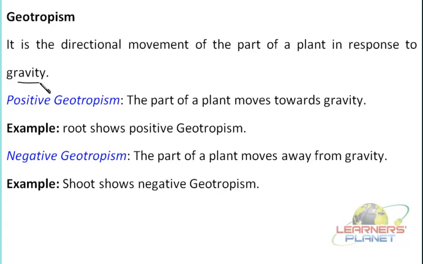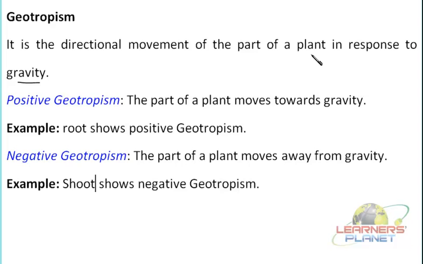Now how is it affecting the growth of the plant, or how is it serving as a source of stimulus for the plant? So basically let us first define geotropism. Geotropism is the directional movement of a part of a plant in response to gravity. Now this growth, or as we are saying, tropism, is always associated with growth.